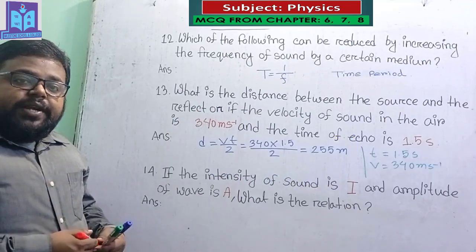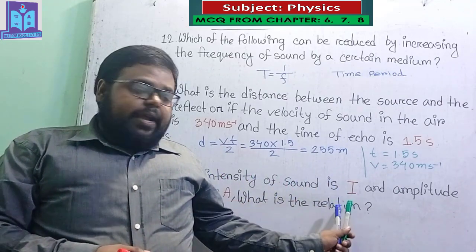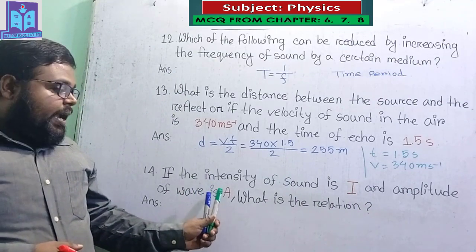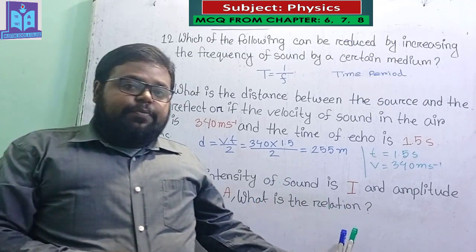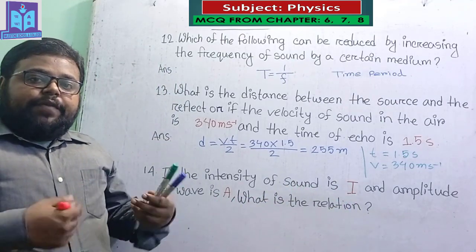Number 14 question is, if the intensity of sound is denoted by I and the amplitude of wave is denoted by A, what is the relation between intensity and amplitude of a wave?